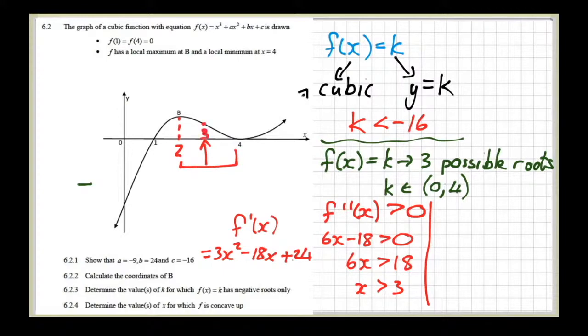So at x equal to 3, my graph goes from concave down to concave up. So in other words, oh, wait, that's exactly what we wrote down. Easy, easy as pie.